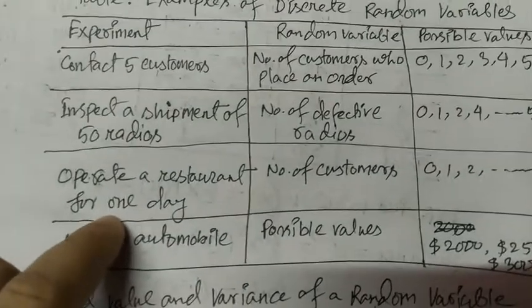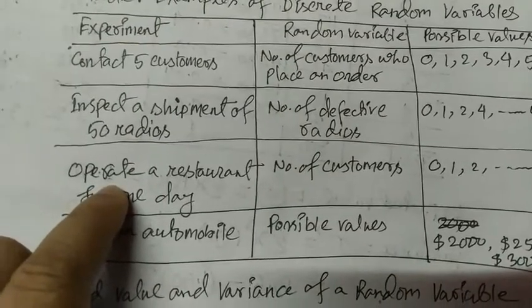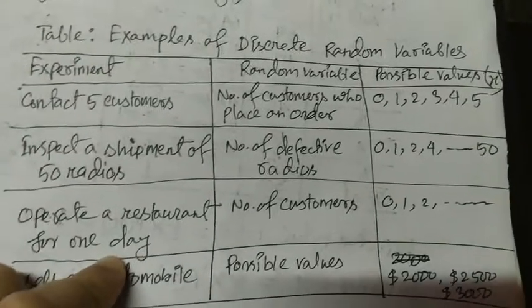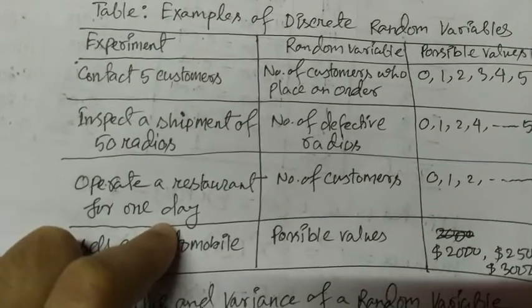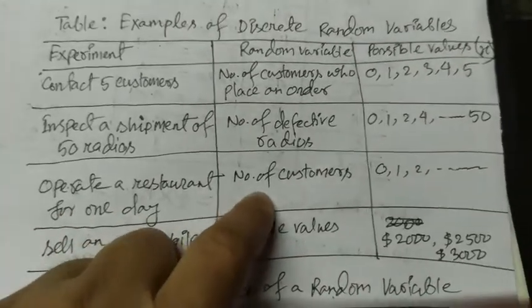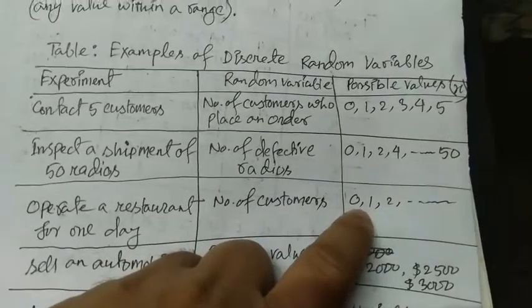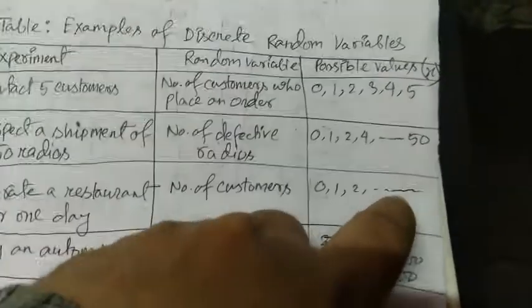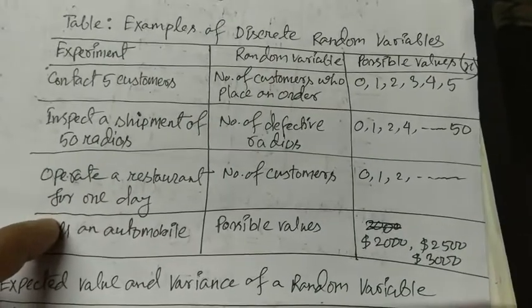In this one, we are operating a restaurant for 1 day. So this is another experiment, to see how it goes. The number of customers can be the random variable. You may receive 0 customers that day, that means no customer, or 1 customer, or 2 customers, and like that you may receive numerous customers.